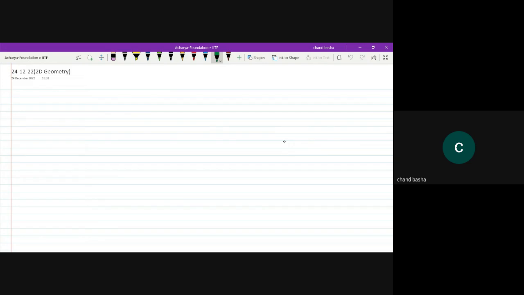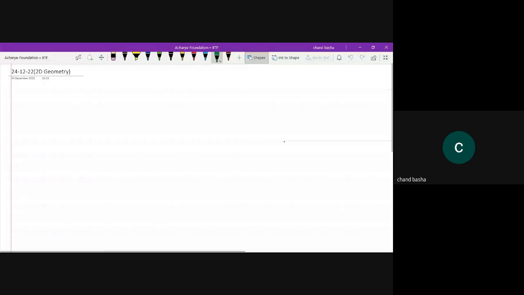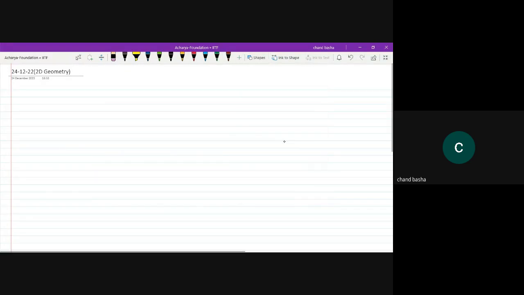In a plane we are taking 2 points A and B. Point A is located here, whose coordinates will be x1 comma y1, and another point located somewhere else here, B point, x2 comma y2.